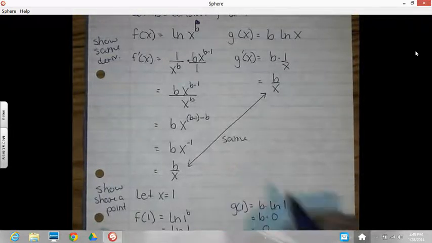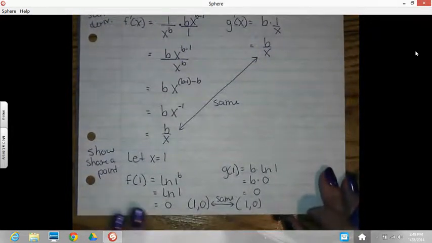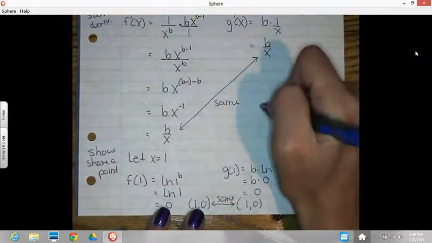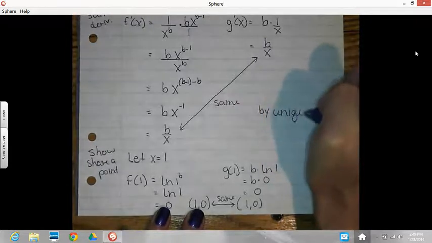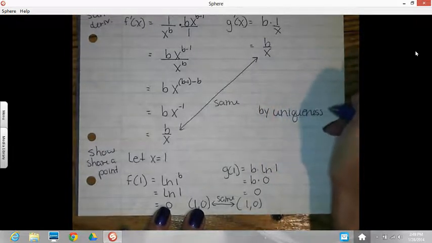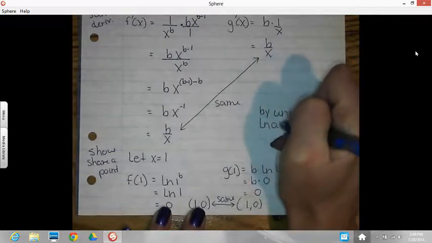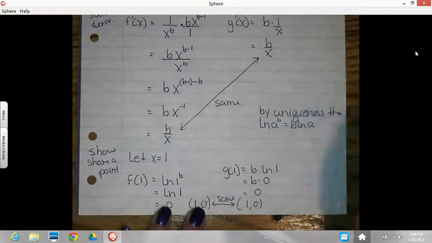So by uniqueness theorem, the natural log of a to the b equals b times the natural log of a.